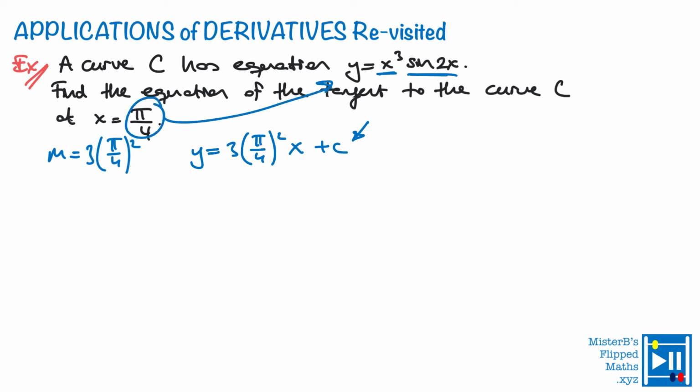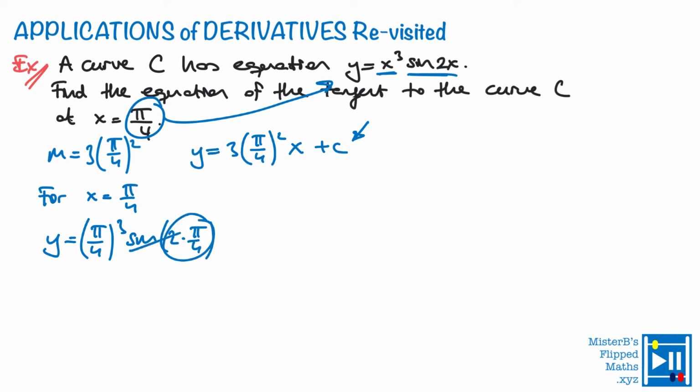For x equals pi over 4, y equals pi over 4 cubed times sine 2 times pi over 4. So this is pi over 2. Sine pi over 2 is 1. So basically I have y to be pi over 4 cubed. So the coordinates are pi over 4, pi over 4 cubed.